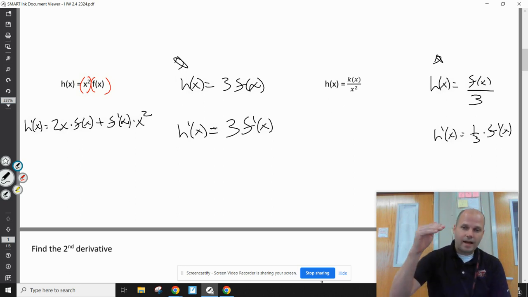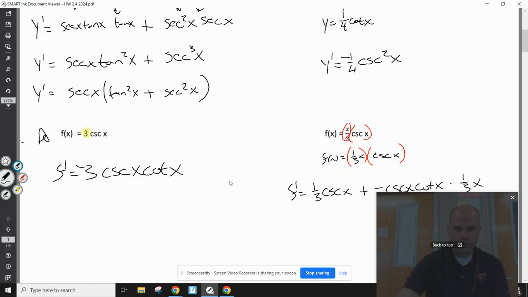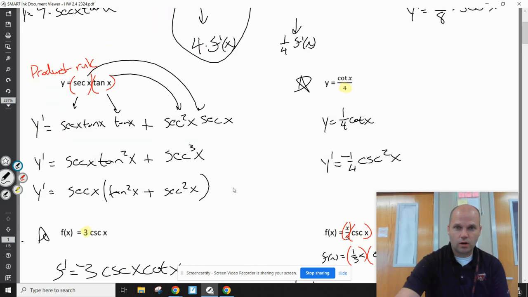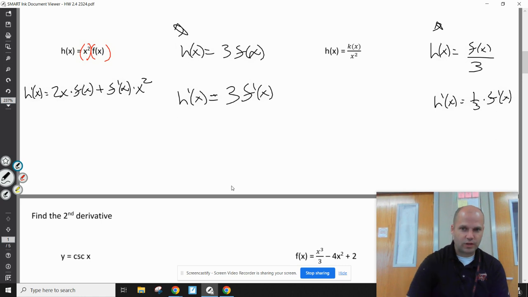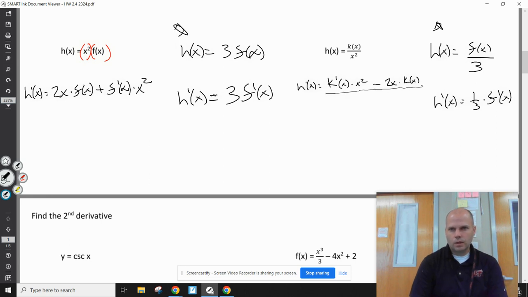Here, x's over x's, we have to use the quotient rule. Did we have any quotient rules anywhere here? We didn't have any quotient rules at all here. So don't forget the quotient rule. Slopes of the top times the bottom. You can't multiply these x's together. Don't try. Minus the slopes of the bottom times the top, all over the bottom squared.